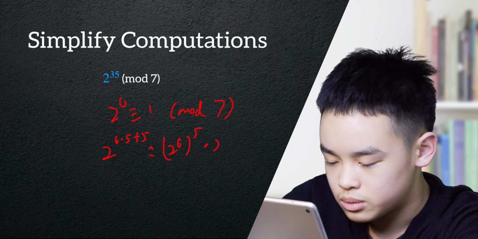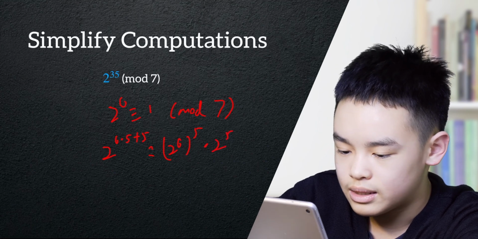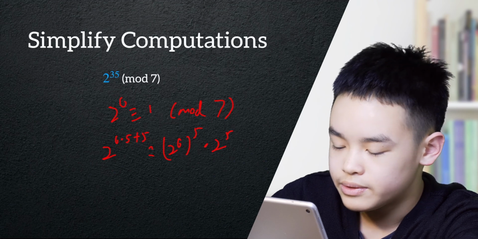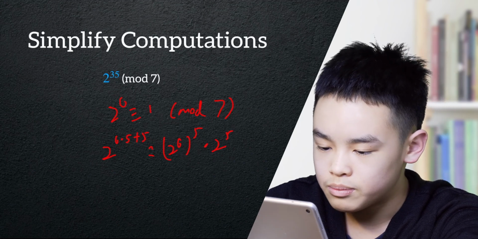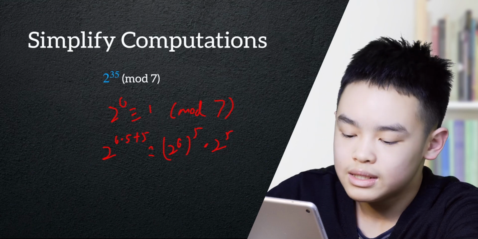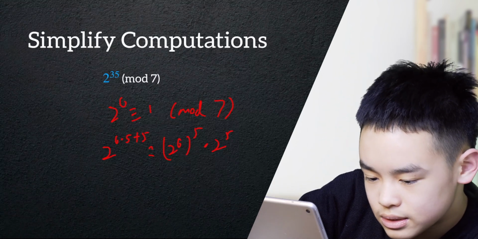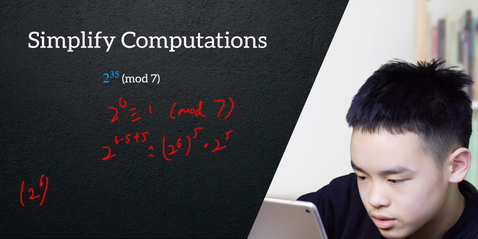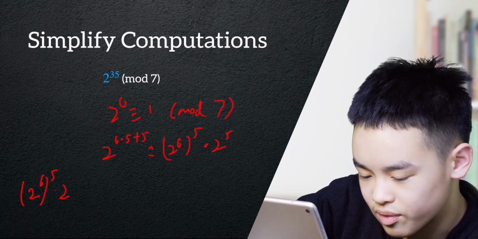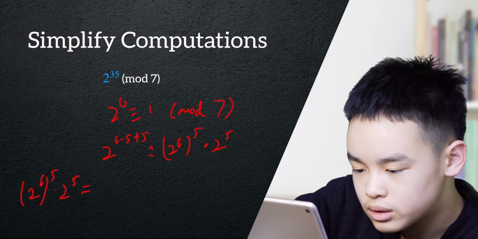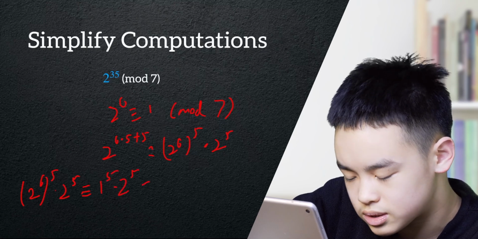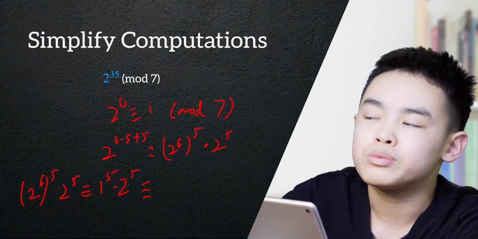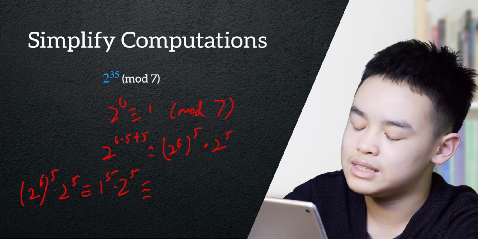So times 2 to the 5th power, and it's basically the same as this. So we know what 2 to the 6th power modulo 7 is. It's 1. So we can write it as 2 to the 6th power to the 5th power times 2 to the 5th power, which is congruent to 1 to the 5th power times 2 to the 5th power, which is also congruent to 2 to the 5th power, which is 2, 4, 8, 16, 32.